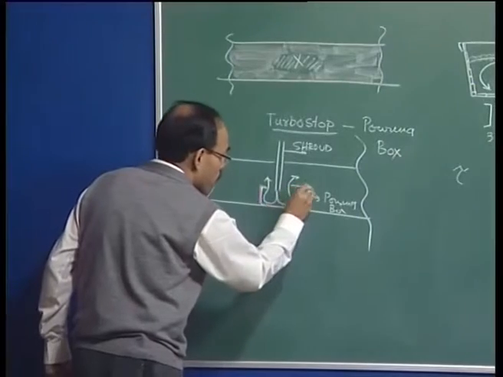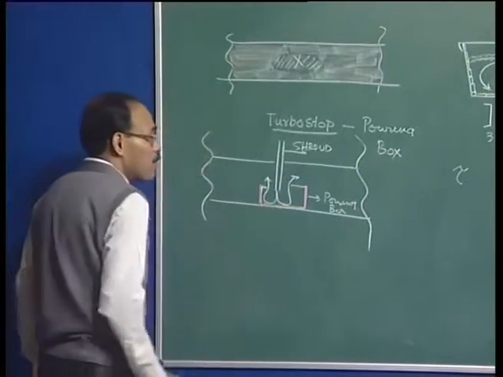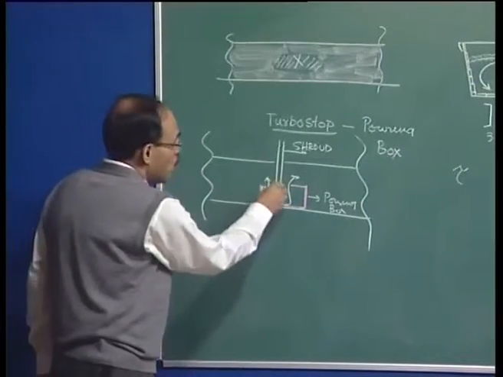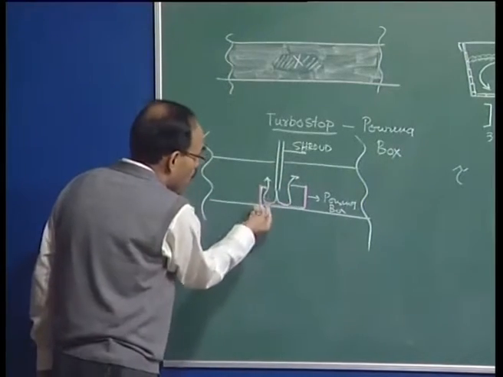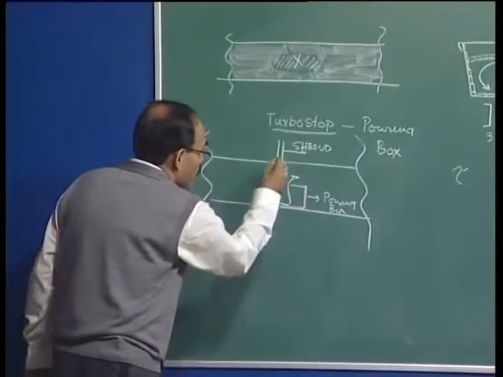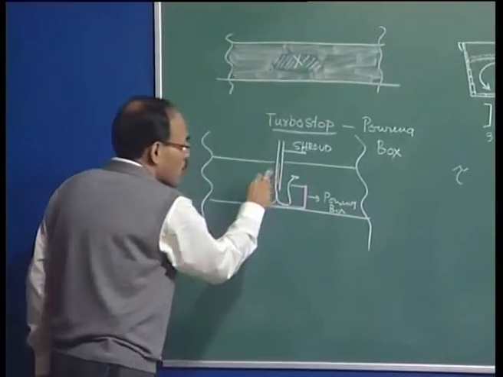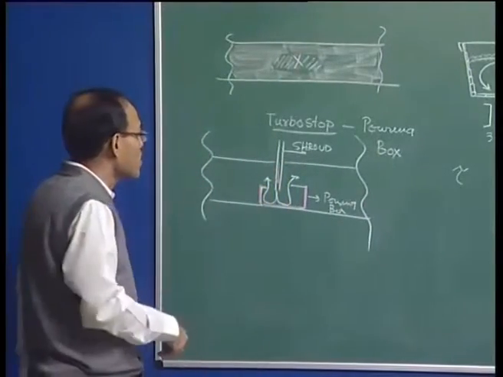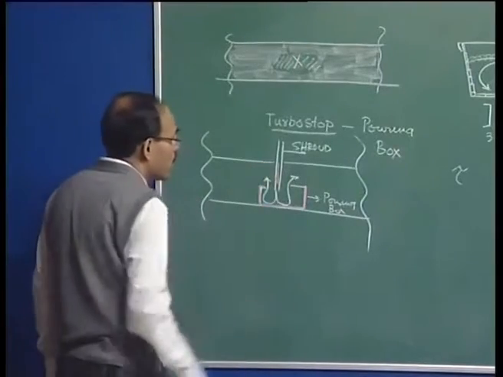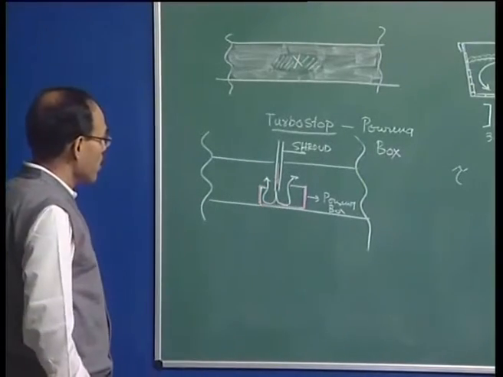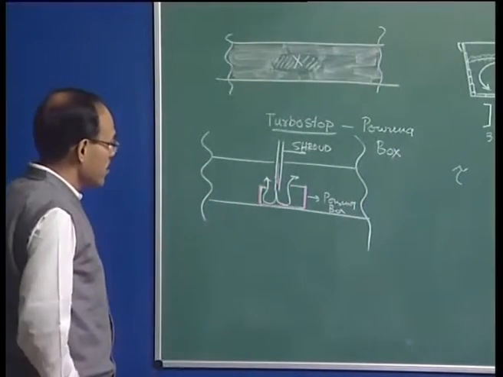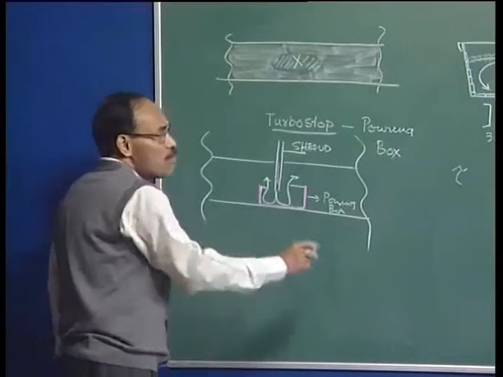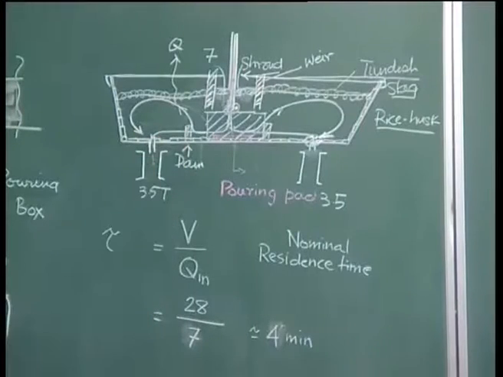It can also prevent the entrainment of slag, because the flow is moving up here and moving down here. So the flow can be significantly reduced, and as a result the entrainment of slag, or the opening of this area, can be substantially eliminated. So when you have a turbo stop, it is not necessary to have the dam and the weir.